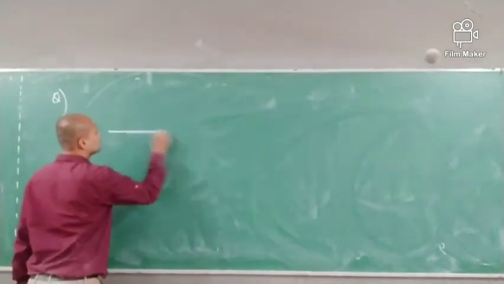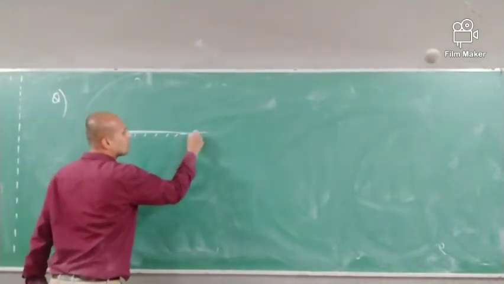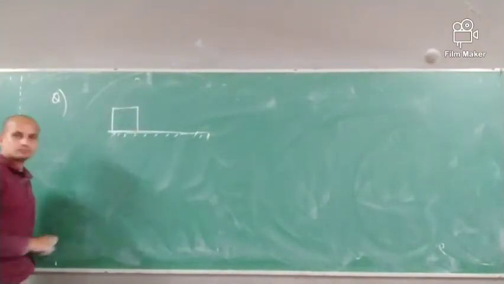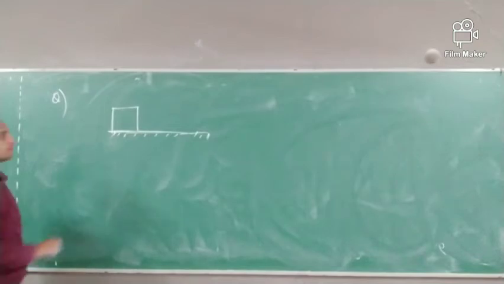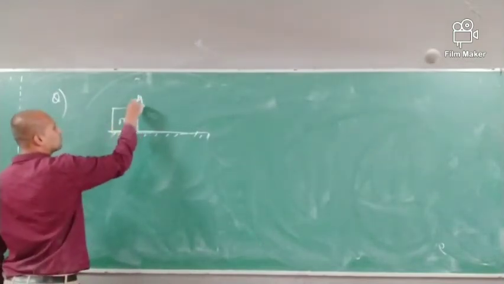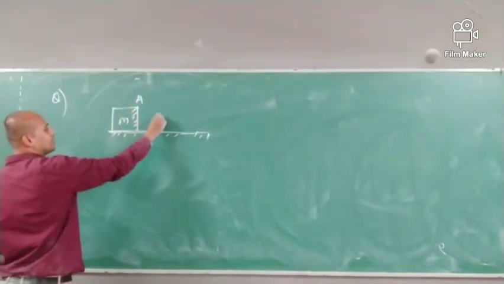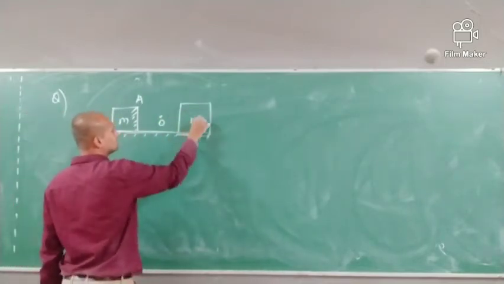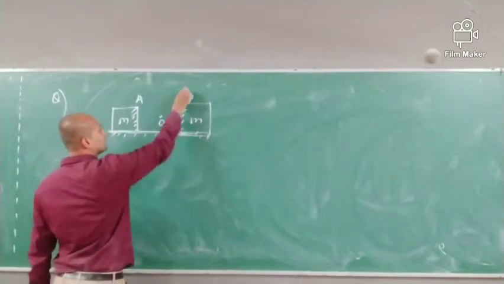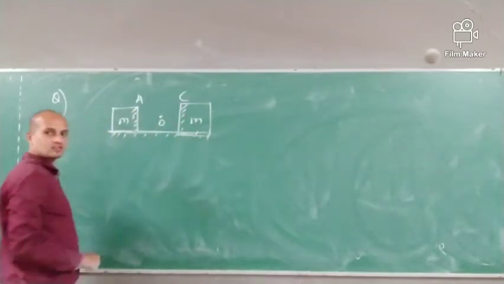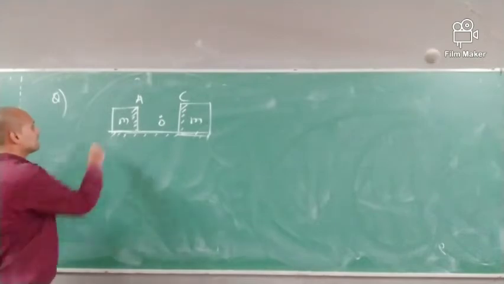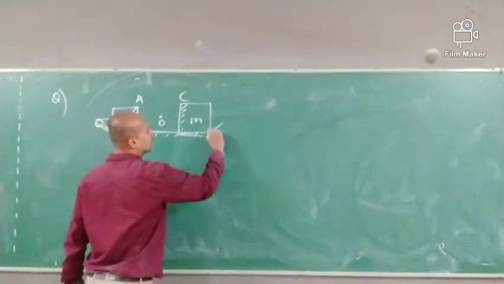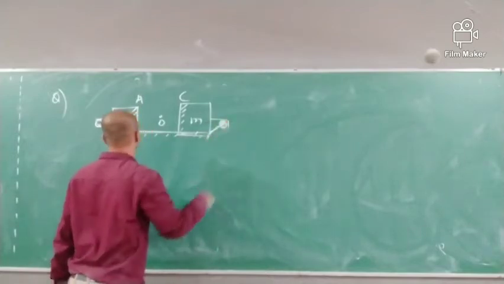Let us take one smooth surface. Upon this smooth surface, let us take one object having mass m. Upon this, one mirror is there, point A. Here also one block is there having mass m, and here also mirror C is there. Each is attached with a pulley.